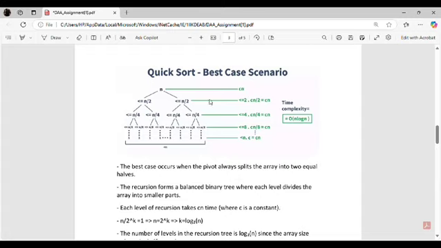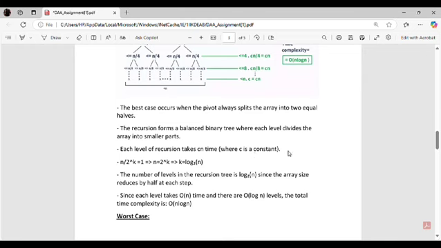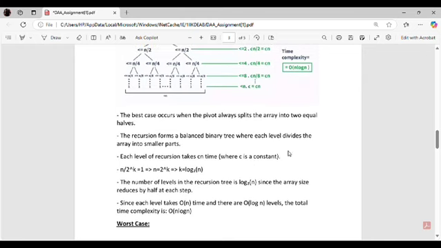The depth of the binary tree is given as n by 2 power k, where we can give the number of levels in the recursion tree as log n base 2, since the array size is reduced by half at each step. Since each level takes big O of n time and there are O of log n levels, the total time complexity is given as big O of n log n.